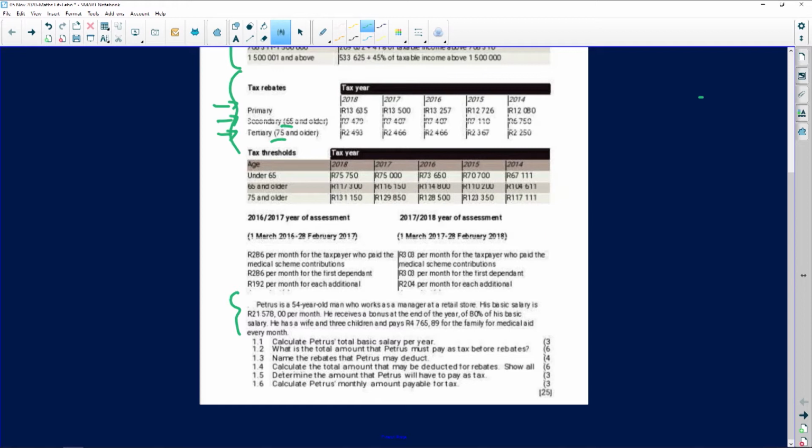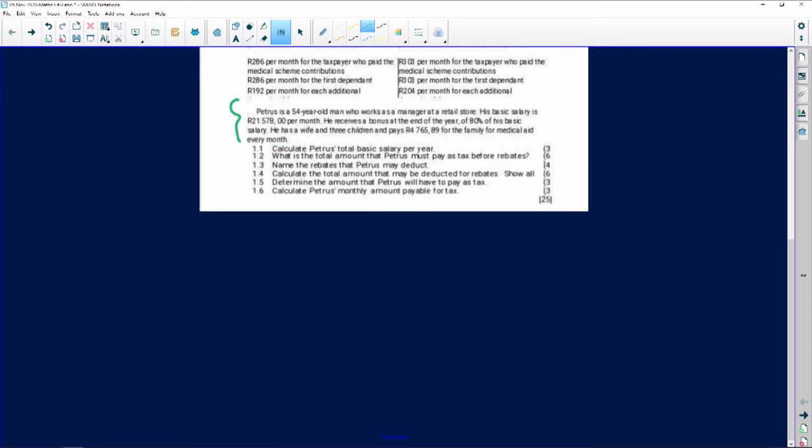So let's go in and also add the bonus into it. How are we going to do this calculation? 1.1. This one is an interesting one. What we're going to do is we're going to say 21,578.